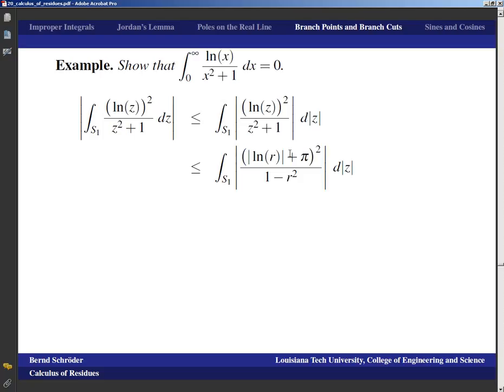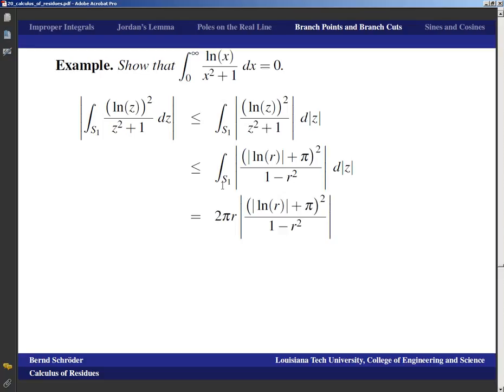And in the denominator, the absolute value of z squared plus 1 is greater than 1 minus r squared. The smallest number will be in the denominator when z is ir, because then we subtract r squared from 1. And so its reciprocal is smaller than 1 over 1 minus r squared. So that's how that one works out.